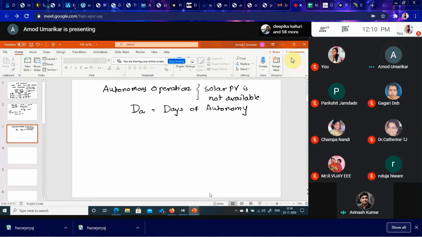Then assuming the days of autonomy continue 2-3 days, now let's say the solar PV is again available. We have to recharge the battery to be ready for the night load as well as the next days of autonomy if it appears. So this is called days of recharge.